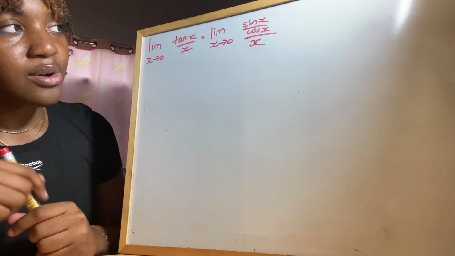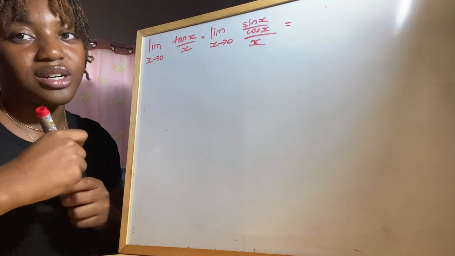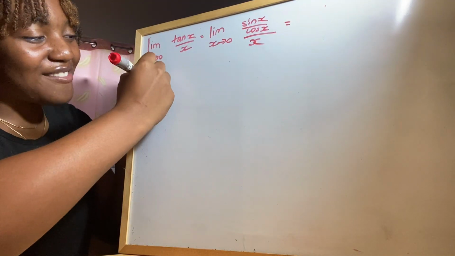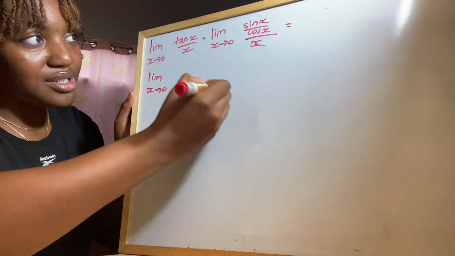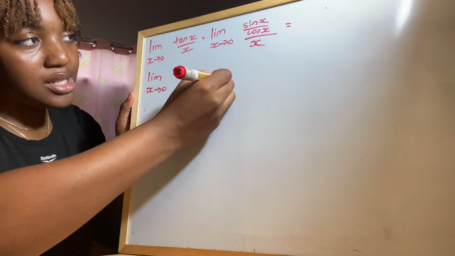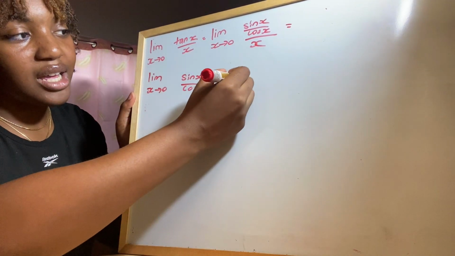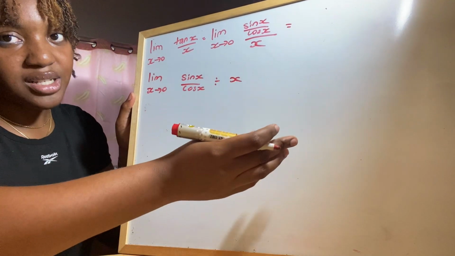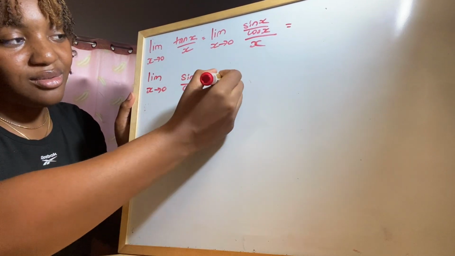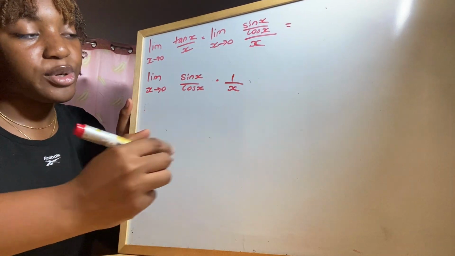So next thing, what I'm going to do, I'm going to write this expression more clearly, because we want to see what we're doing. So we have limit as x approaches 0 for sine x over cos x. Since this term is being divided by x, basically we can write it like that, and when it's being divided by x, we can also write it as multiplied by the reciprocal of x.